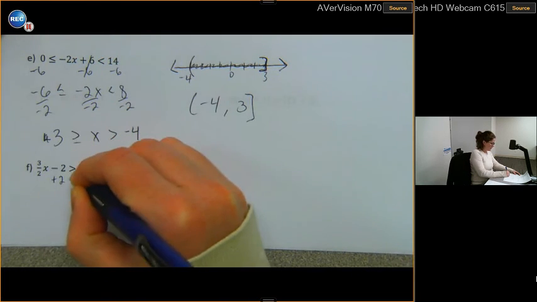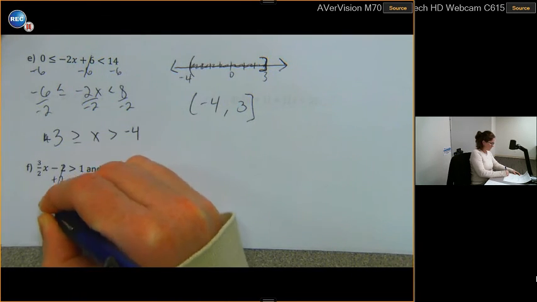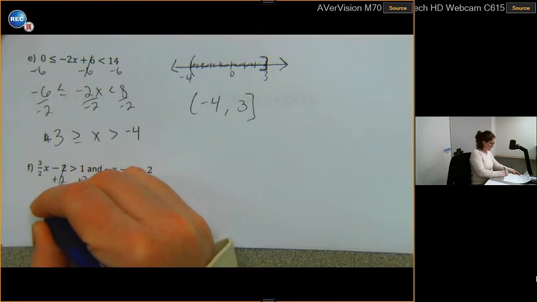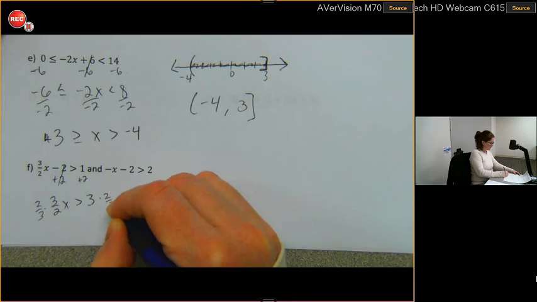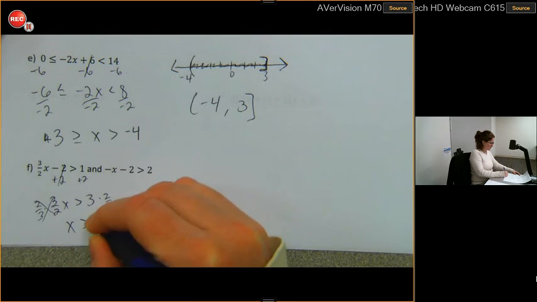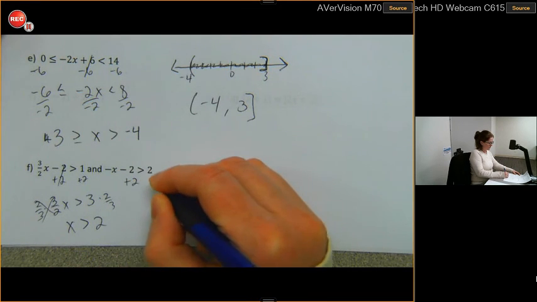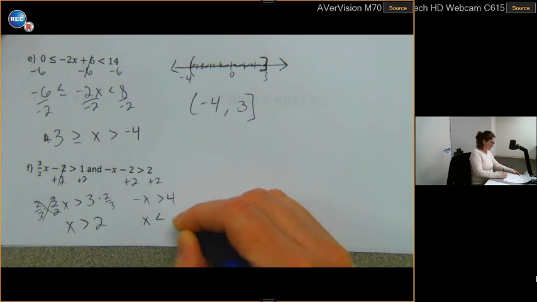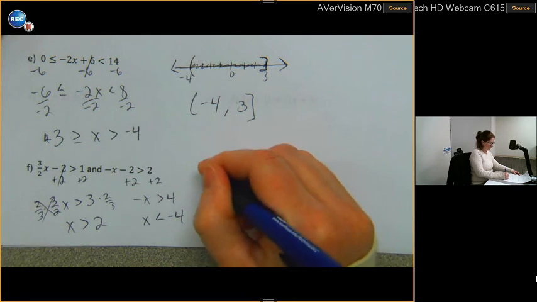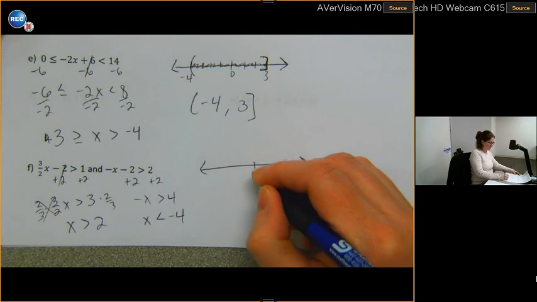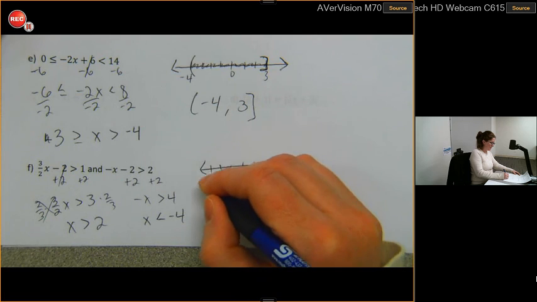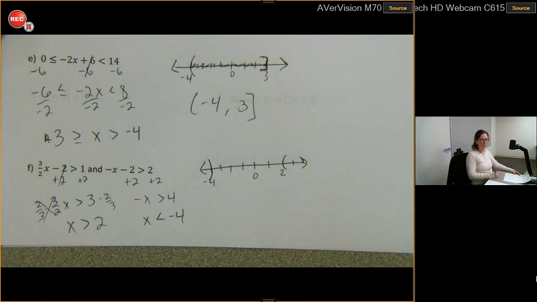There's another "and" problem. Multiply by 2/3. Divide by -1. So I have x is greater than 2 and x is less than -4.